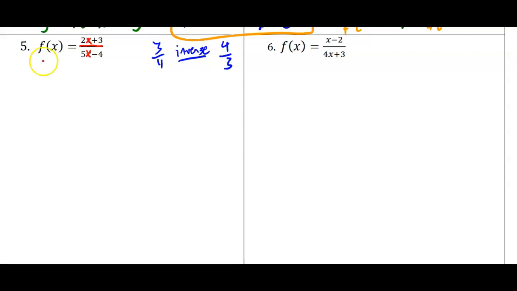Okay, let's start off with the first thing of switching the x and the y. So I'm going to switch x and y directly. X becomes y.